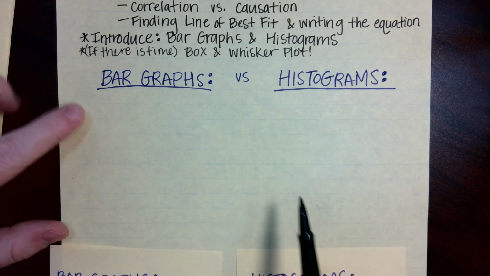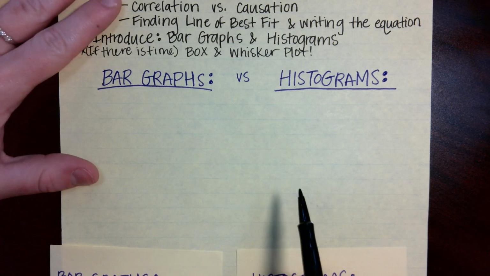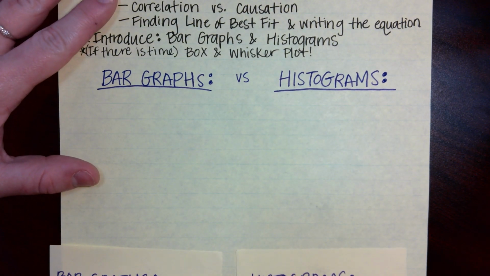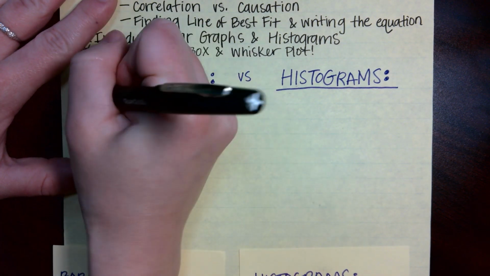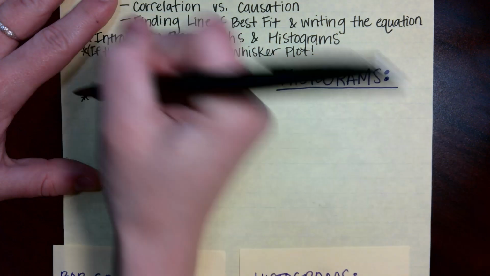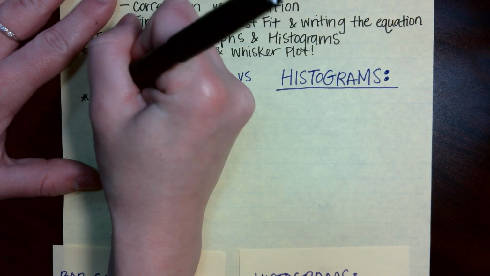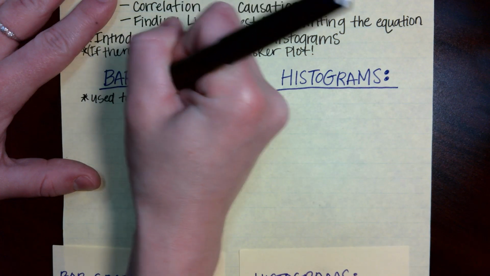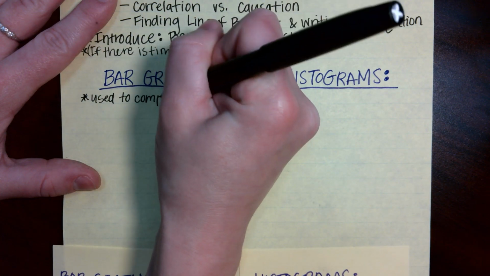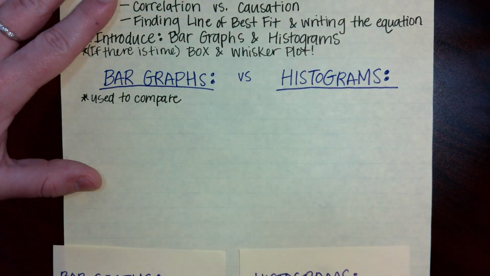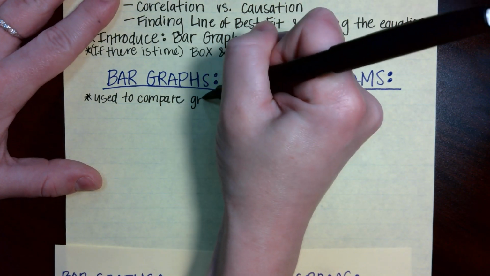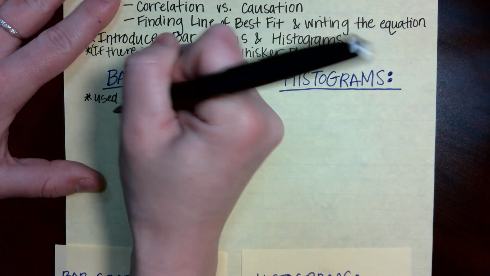So, first of all, a bar graph, we use that to compare groups or categories, for example, just to show visually the difference in size. So used to compare groups or categories.